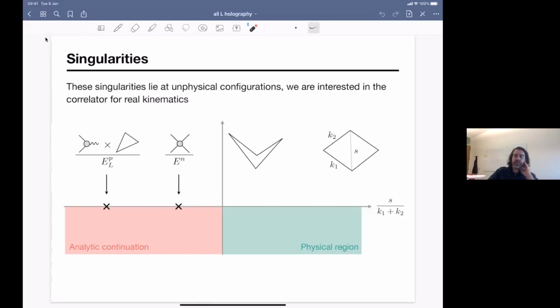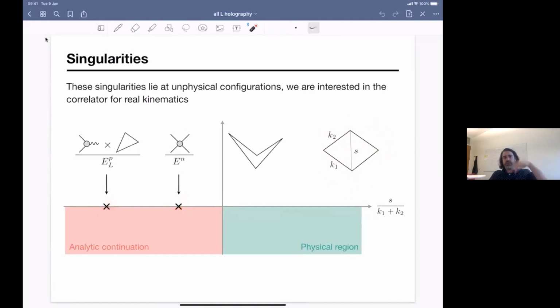And so here's just a cartoon. So this correlator, a cartoon of a 4-point correlator, depends on 4 momenta, which close into some quadrilateral because of momentum conservation. And I can imagine thinking of the correlator as a function of how squashed this polygon is. And in the physical region, there's never any singularity, but if I allow myself to analytically continue, I could actually access these singularities that I was telling you about.